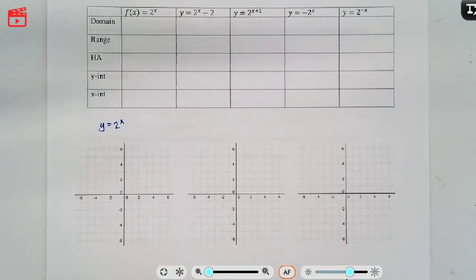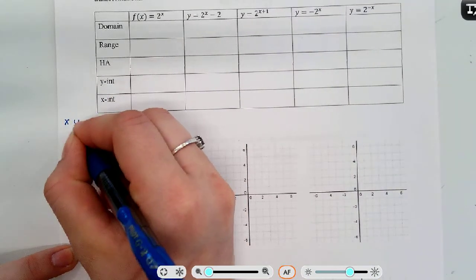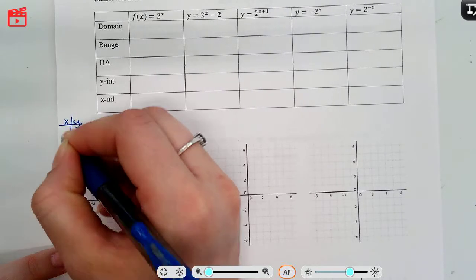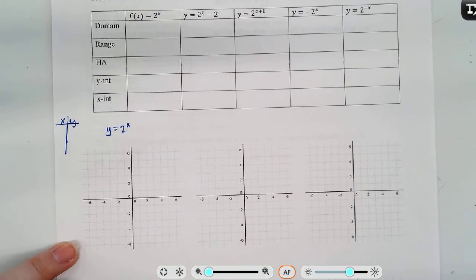So I'm just going to go ahead and pick a few values to work with, and then use those for the transformations. So the x value of, let's go with negative 2.